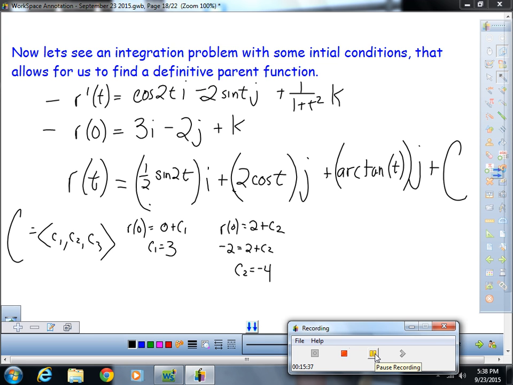Okay, now if we put in a 0 for the arctan, let's see, tangent of 0, you get 0, okay? So r of 0 equals 0 plus c3. Well, we know that r of 0 is a 1. That's a 1 there. So we can say 1 is 0 plus c3. So c3 is 1.